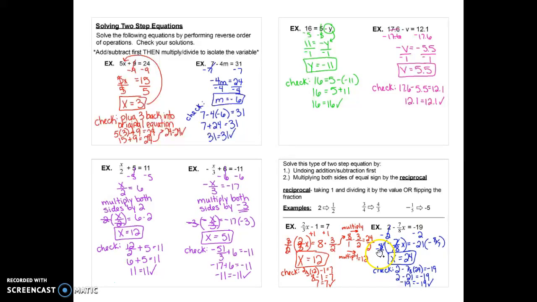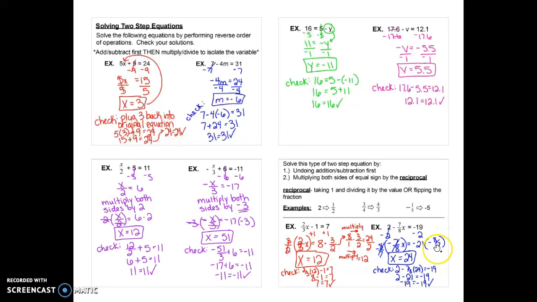Okay, so I multiply the left side by a negative 8/7, and I multiply the right side by a negative 8/7. When I do that on my left side, my fractions completely cancel out, so I'm left with just my x equals now negative 21 times a negative 8/7. You can use your calculator for this. Again, be very careful, like we've been doing since the beginning of the year.